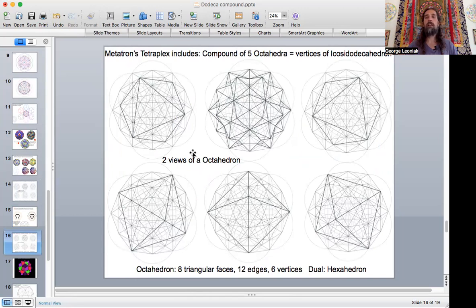One simple template allowed me for the first time to even contemplate drawing my compound of 5 octahedra, which then gives me 30 vertices, because an octahedron has 8 faces, 6 vertices. And all I'm doing is rotating that around in a way that's going to give me 4 more vertices, including this one. And when I go all the way around like that, I end up with the 30 vertices.